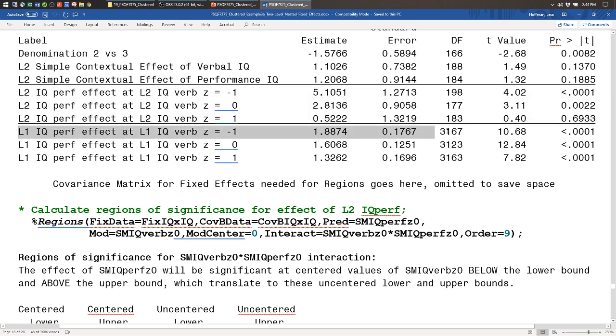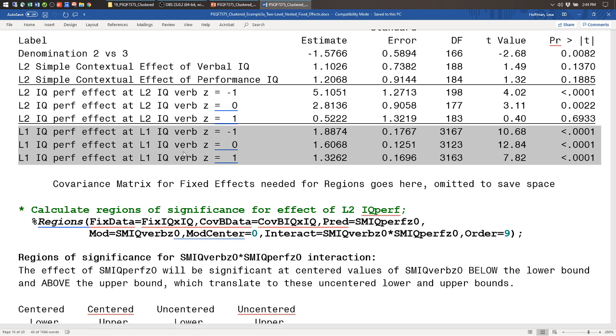Level 1, here are my simple slopes. Same pattern, but less pronounced. So having higher performance IQ helps more if you have low verbal, helps a little bit less as your verbal increases, but it always helps according to these 3 simple slopes. So the point at which it doesn't help anymore, the slope is not positive and significant, we don't know.